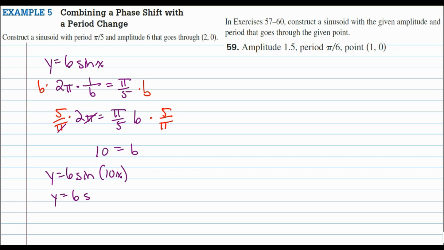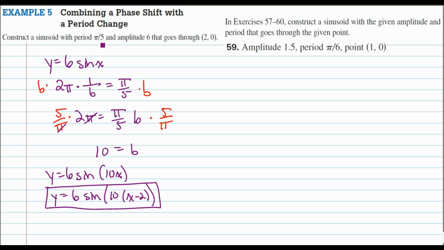Well, that is 6 times the sine of 10 times not just x anymore, but x minus 2. So now if I plug in positive 2, 2 minus 2 is 0, 10 times 0 is 0, the sine of 0 is 0, 6 times 0 is 0, so when I plugged in 2, my overall value would be 0.